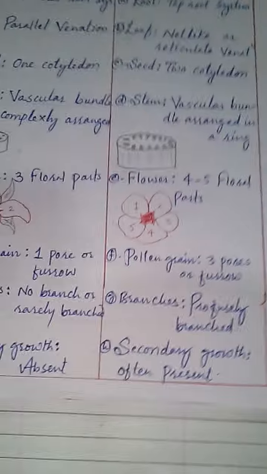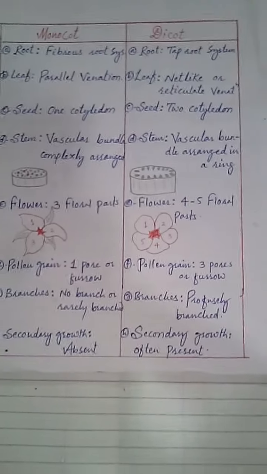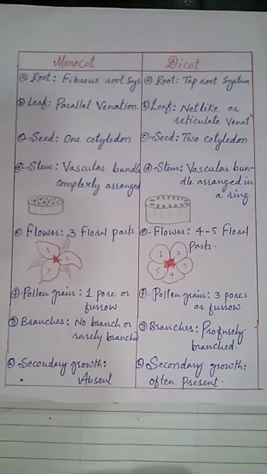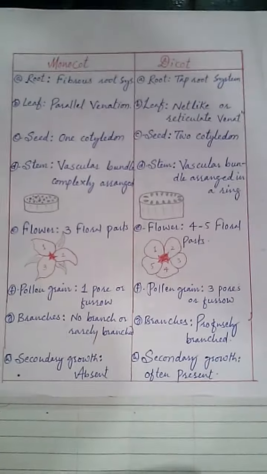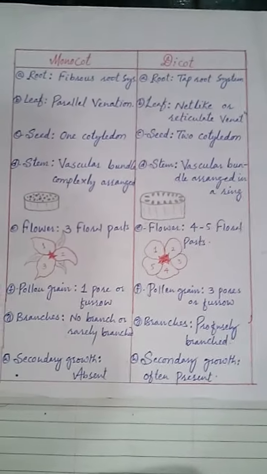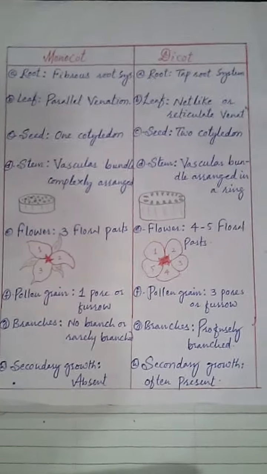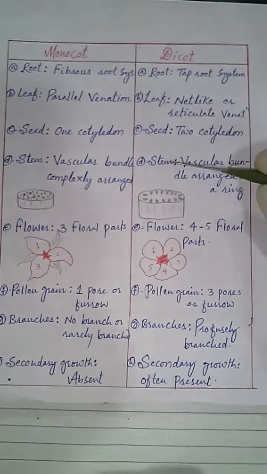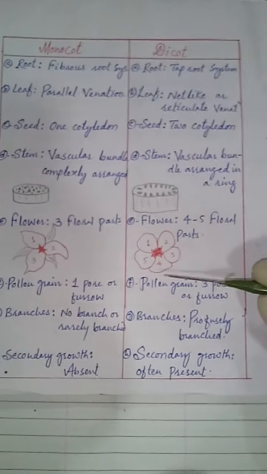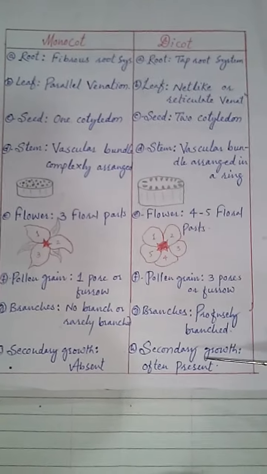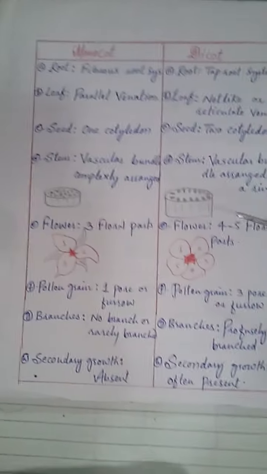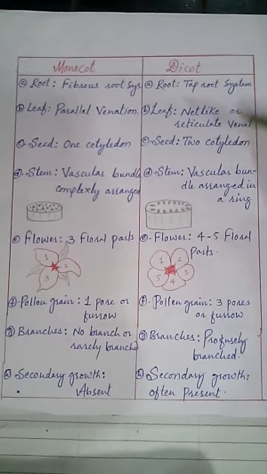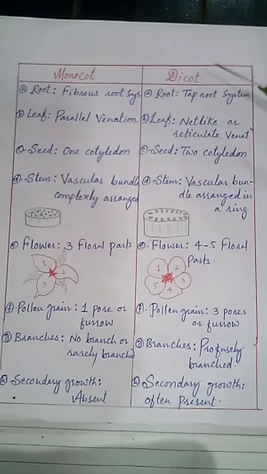So this is about the monocotyledon features and the dicotyledonous features, and I hope with the help of all these points, the roots, the leaves, the seeds, the stem, the flower, the pollen grain, branches and secondary growth, you can easily distinguish and differentiate between the monocotyledonous plant and the dicotyledonous plant.